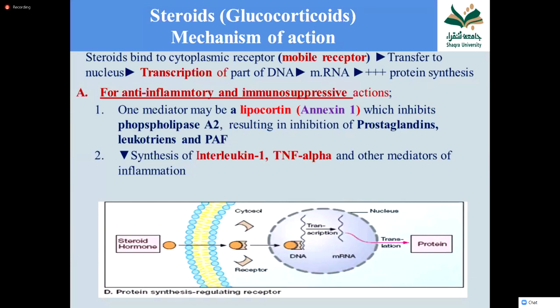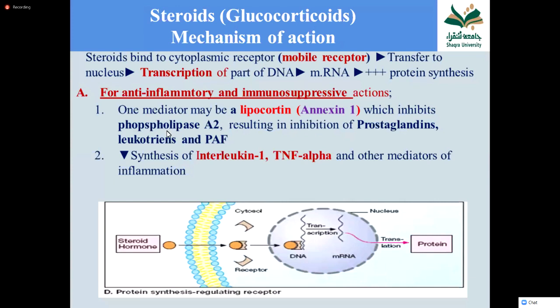So what is that protein? One of the mediators is annexin 1, that is also called lipocortin. Its effect is produced by formation of lipocortin, which inhibits phospholipase A2 and which results in inhibition of the effect of prostaglandins, leukotrienes and platelet activating factor.